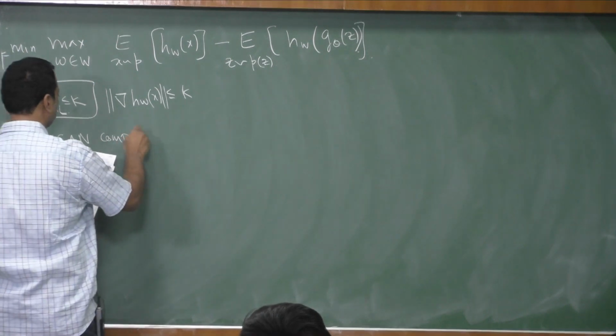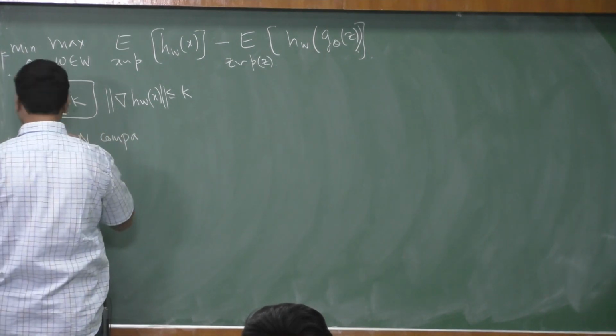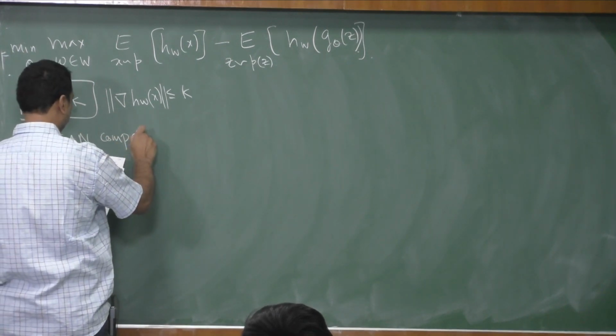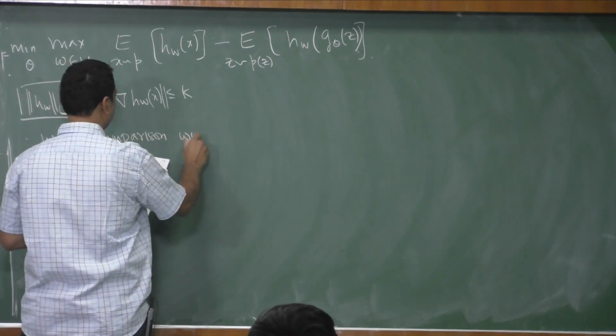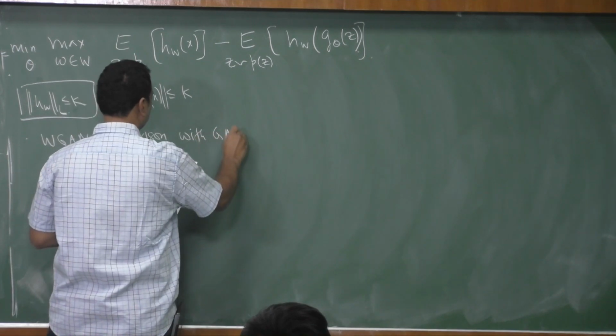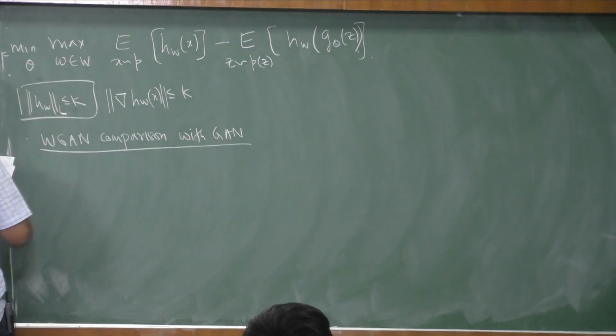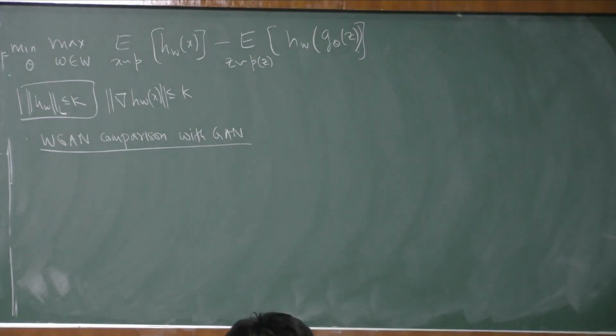Okay, these are some empirical observations, what they found while running, okay. What they have found is that WGAN does not require maintaining a careful balance in training the discriminator and generator, okay.